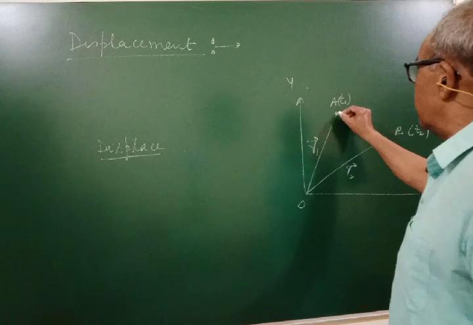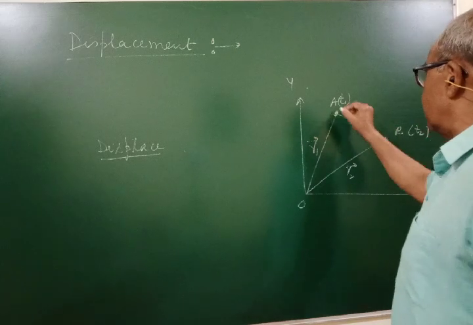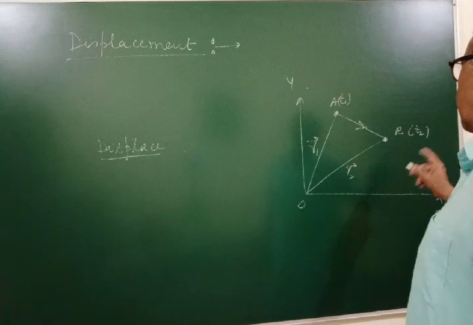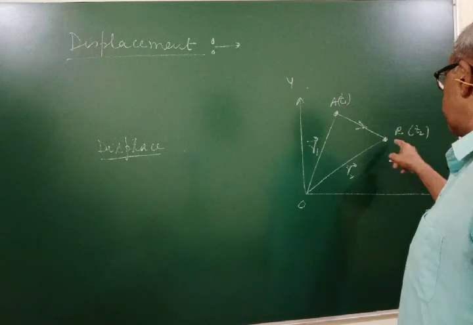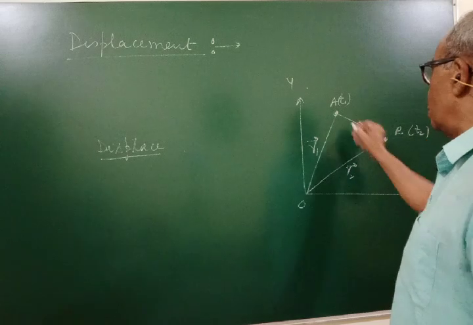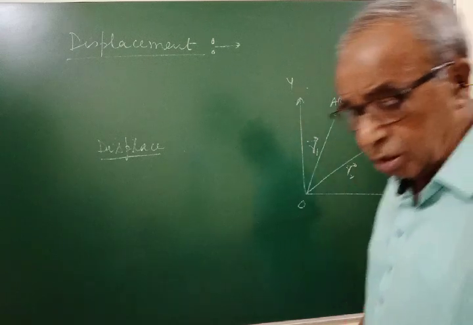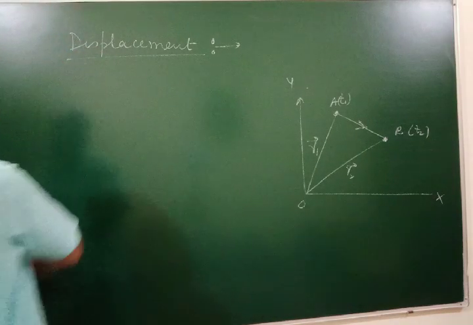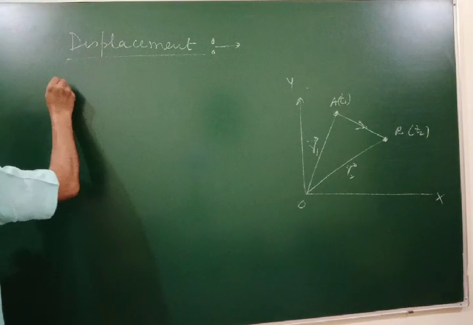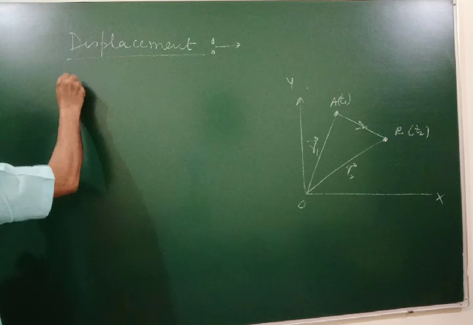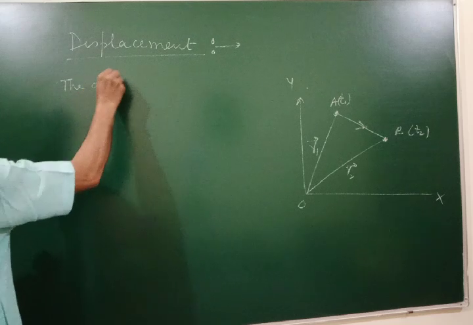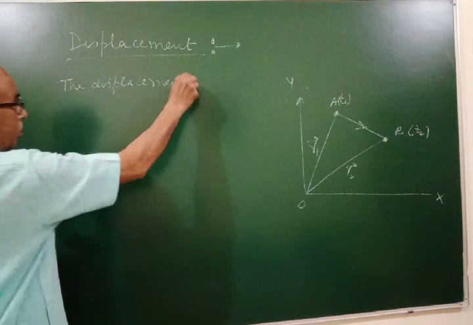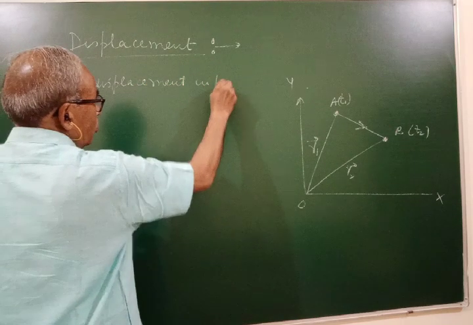Displacement, change of position. A body is at point A at time t1 and is placed at point B at time t2. So AB is the displacement. So I say displacement in the position of a body.